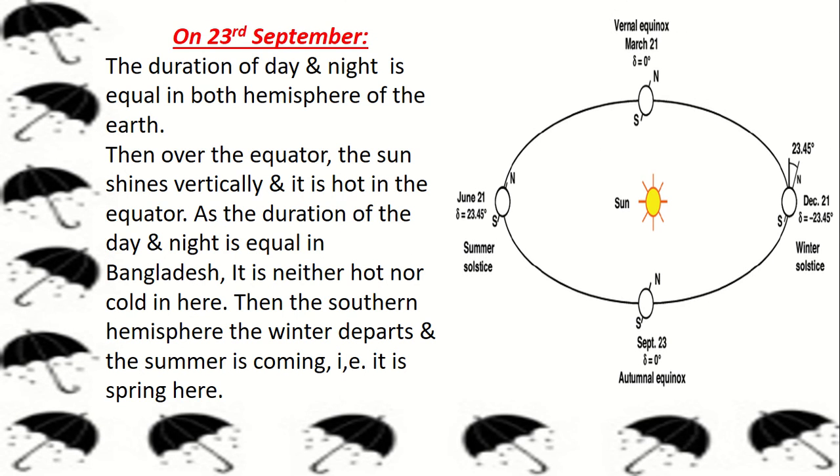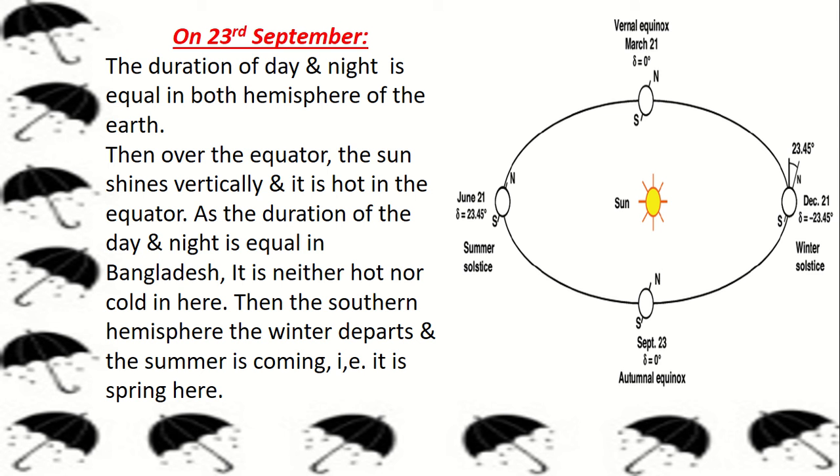The next one, on 23rd September. What will happen? When June 21st is over, the North Pole continues to move away from the Sun and the South Pole continues to draw near gradually.